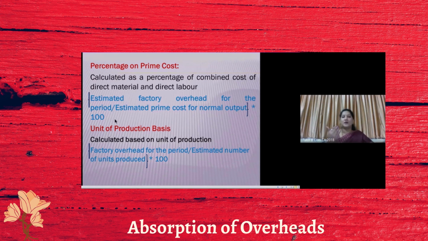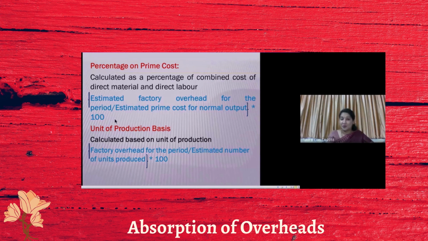Right. Now, the next part is unit of production basis. Here, the change in denominator will be based on number of units produced. Numerator remains the same as in all other cases. The denominator would be number of units produced. So it's very easy for us to remember. The first one, direct materials, denominator. Second one, it would be on direct wages or labor cost, right?